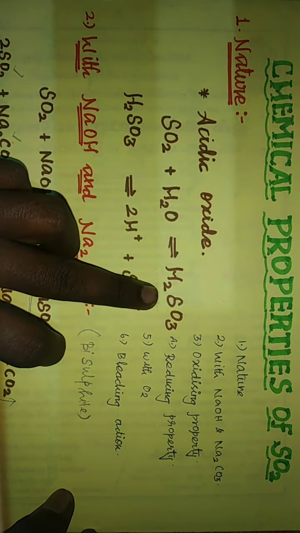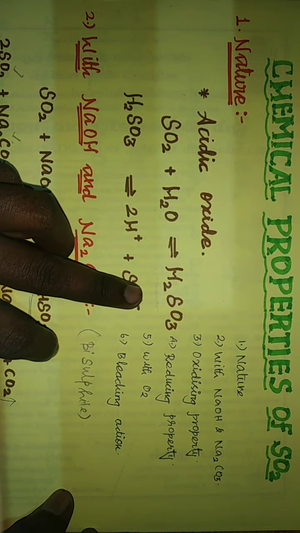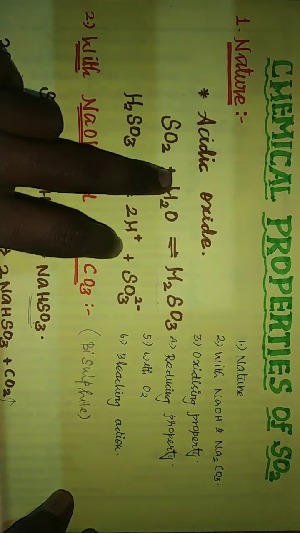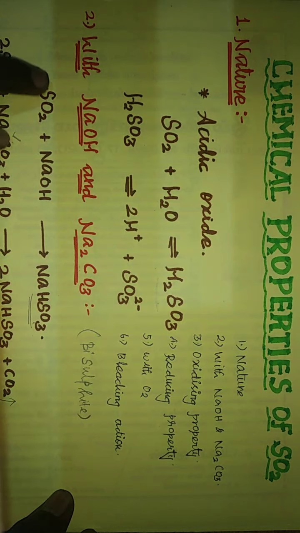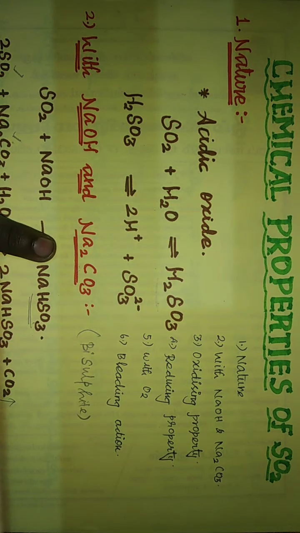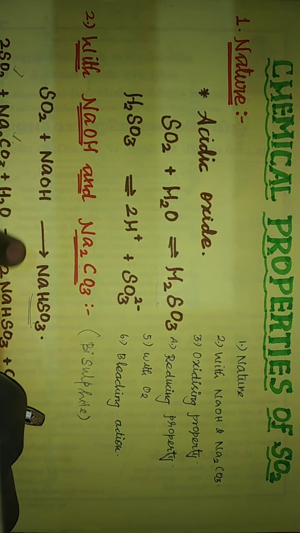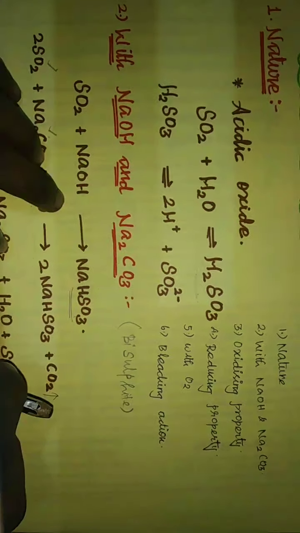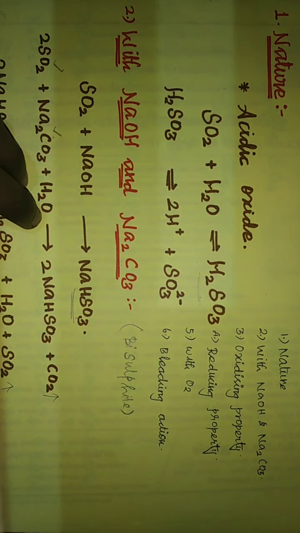As a result, it forms sulfurous acid, so the acidic nature of SO2 is confirmed. Then with NaOH and Na2CO3, that is with sodium hydroxide and sodium carbonate. With sodium hydroxide, it forms sodium sulfite, and with sodium carbonate, it forms sodium bisulfite.